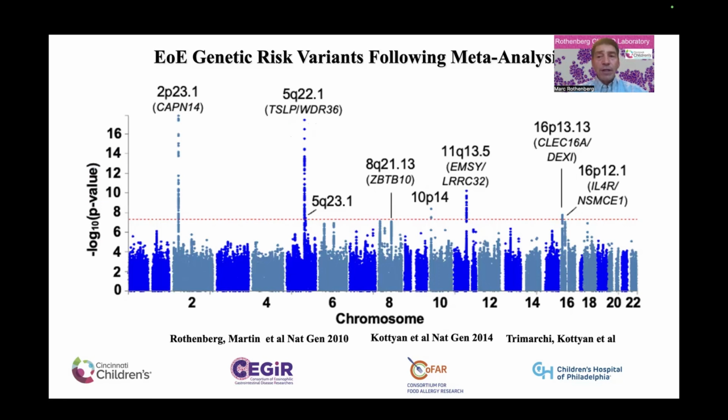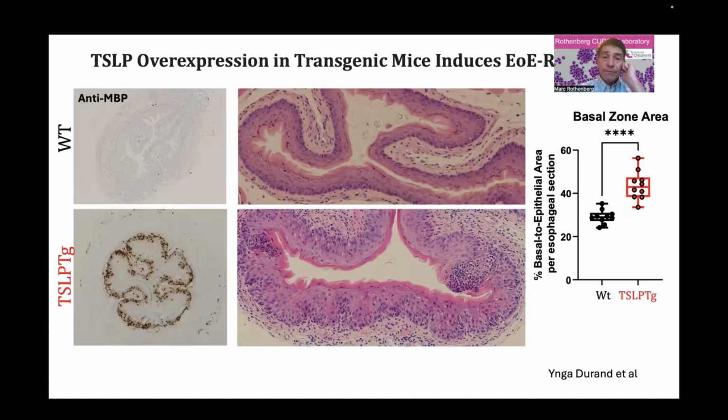That's a long word, but the important point is that it is a cytokine. It's one that's critically involved in the development of allergies. It's one that we can target with an antibody that's in clinical usage now for asthma and is being studied for EoE. And this is testing whether or not the TSLP may mediate the disease.